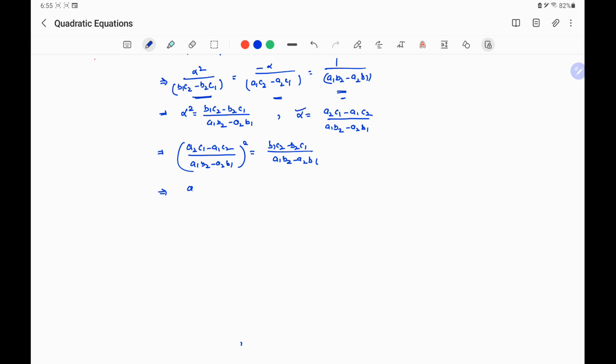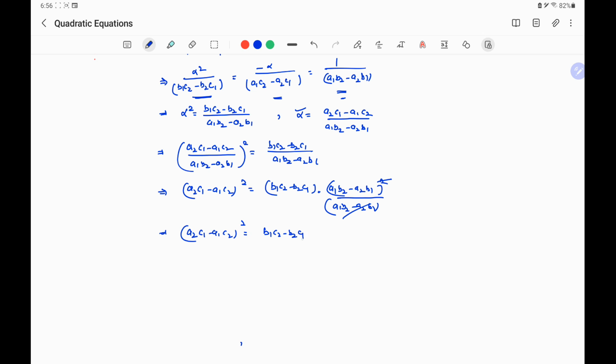So it will be equal to a2 c1 minus a1 c2 square equal to b1 c2 minus b2 c1 into a1 b2 minus a2 b1 square divided by a1 b2 minus a2 b1. This one term will get cancelled. So finally we get the condition that a2 c1 minus a1 c2 whole square is equal to b1 c2 minus b2 c1 into a1 b2 minus a2 b1. This is the condition that one of the roots is common in the two quadratic equations.